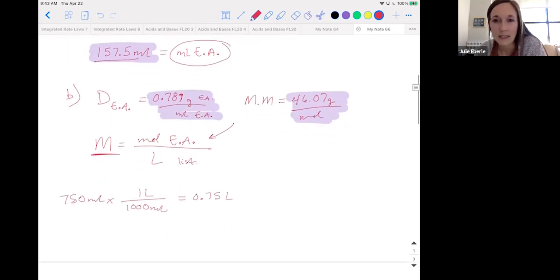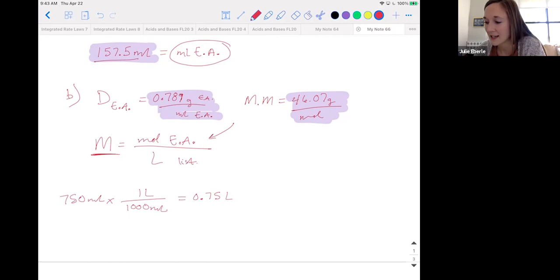So, any ideas? How can we piece these things together to get moles? We're going to have to do some converting. We're ultimately trying to convert milliliters and somehow get moles out of it. I'm trying to let y'all think before I just jump in.